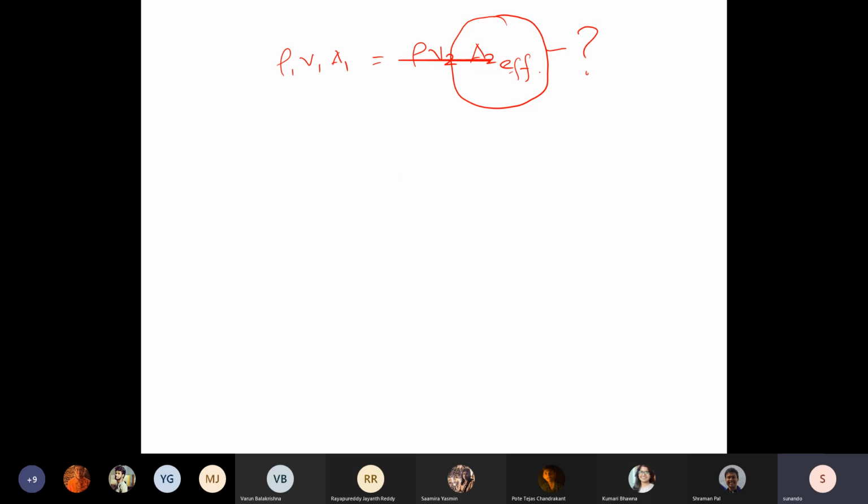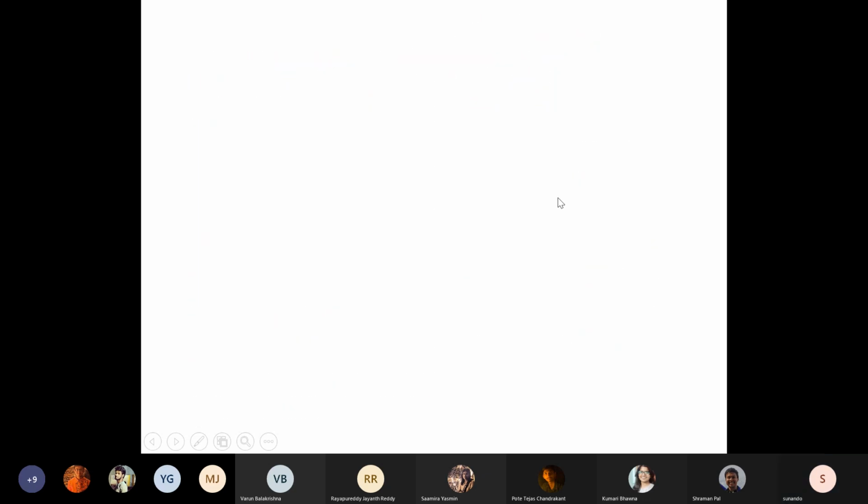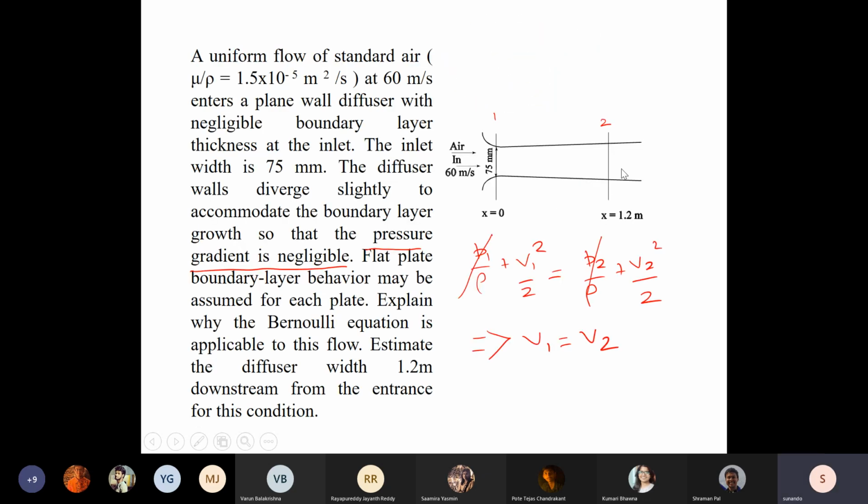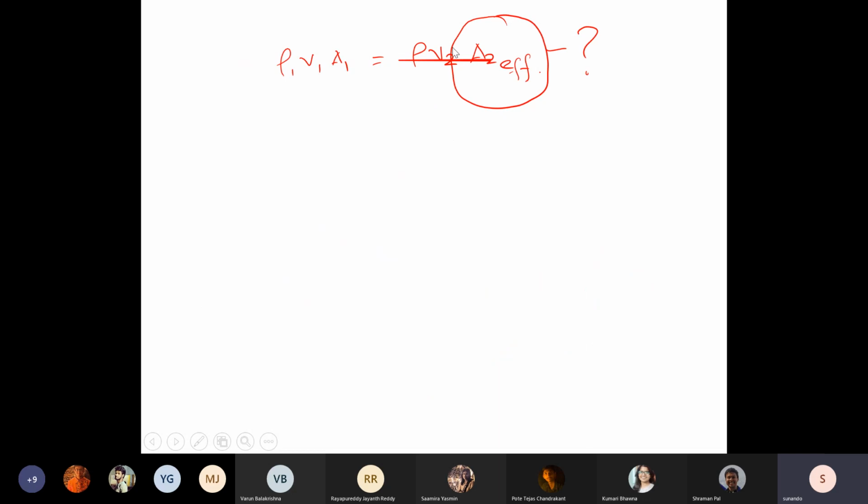Whenever we replace the velocity at location 2, instead of a varying velocity from 0 to a core velocity, I am replacing everything as if the flow is inviscid, with a constant velocity V2.